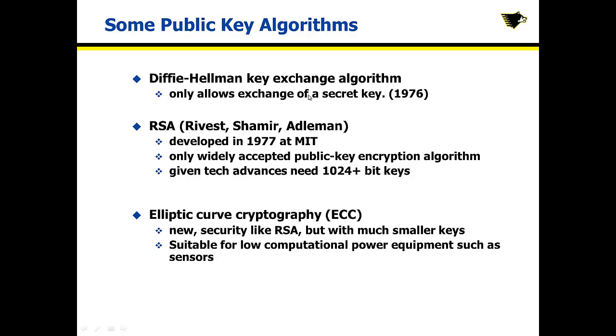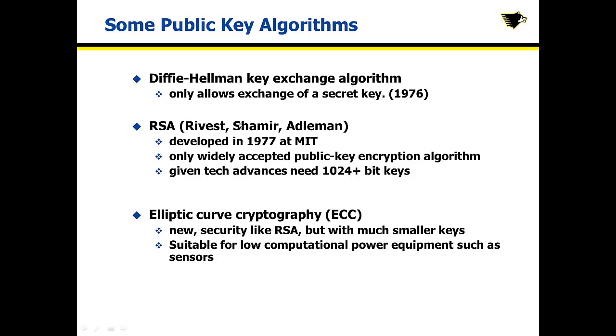Besides the program for key exchange, we also have other public key algorithms. Another one is called RSA. It was developed in 1977 at MIT. It's the only widely accepted public key encryption algorithm.